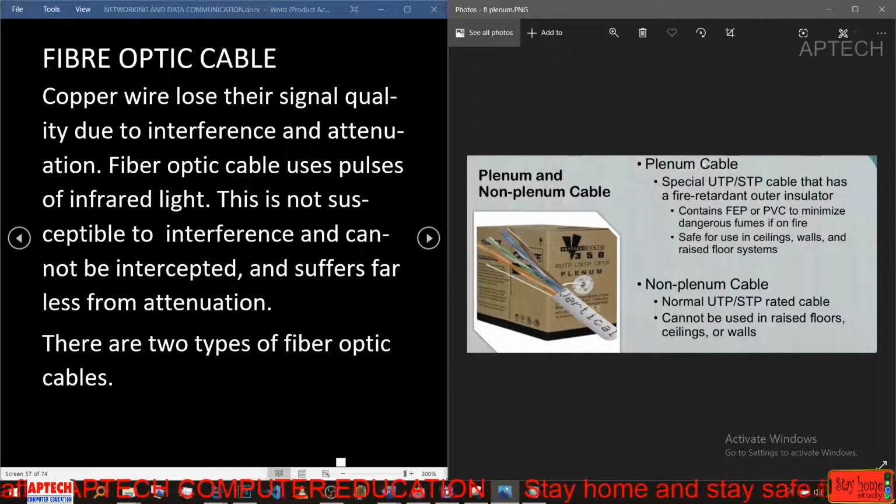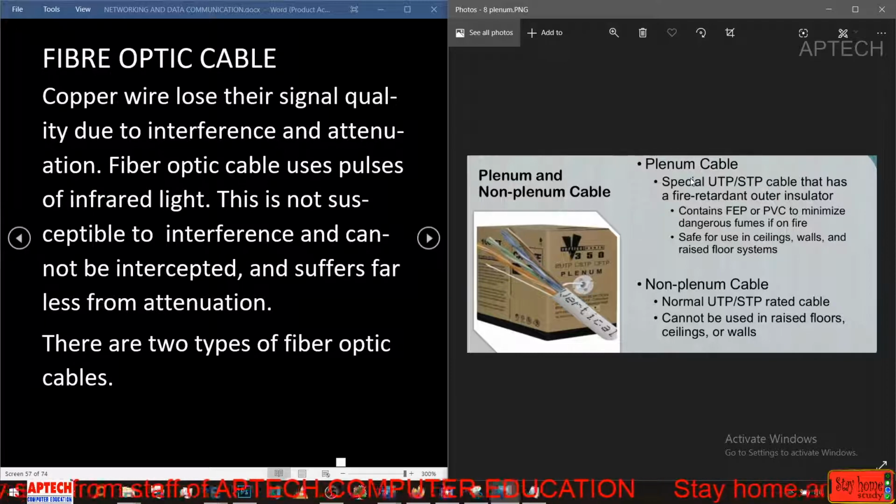So one thing you also have to learn is plenum cables. Basically, plenum is a material which is supposed to prevent the wire from ejecting toxins that affect your health when a fire breaks out.